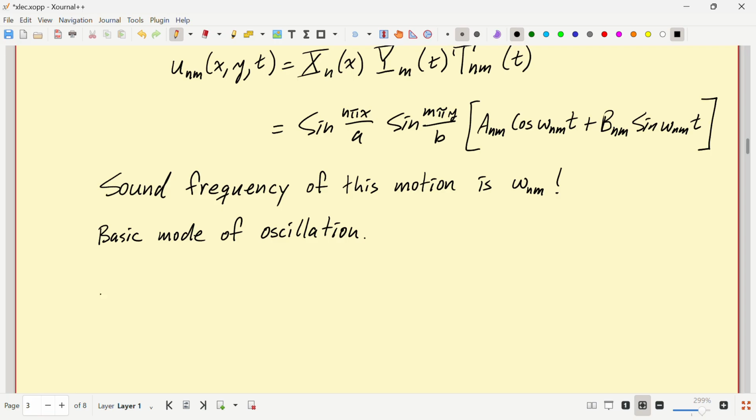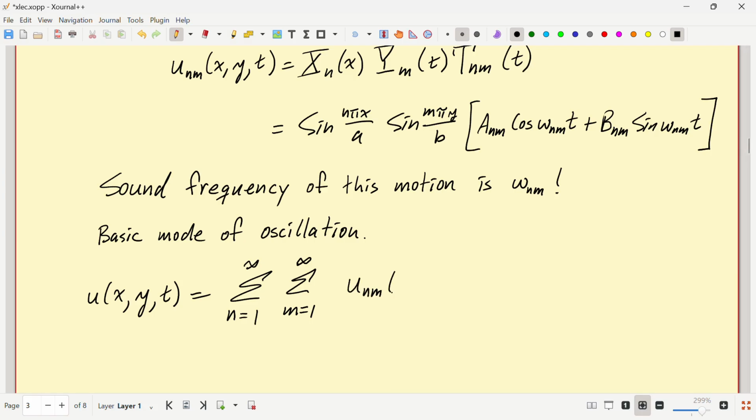And the solution then is going to be u of x, y, t is a sum. I've got my constants a and b in there, so I don't have to multiply by constants. It's just the sum as n goes from 1 to infinity and m goes from 1 to infinity of my basic solutions, u nm of x, y, t.